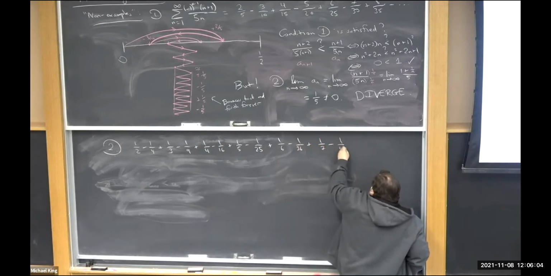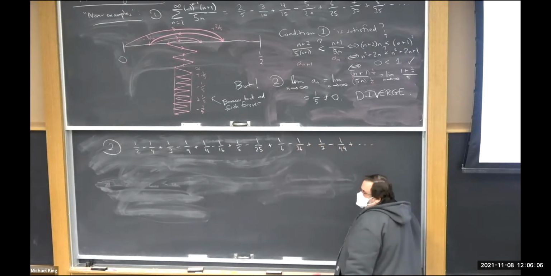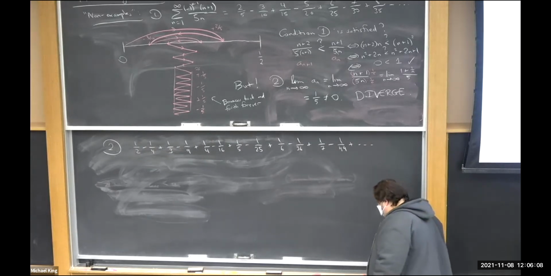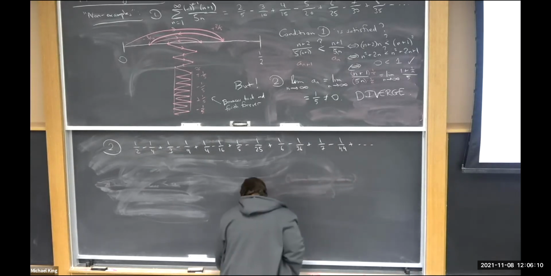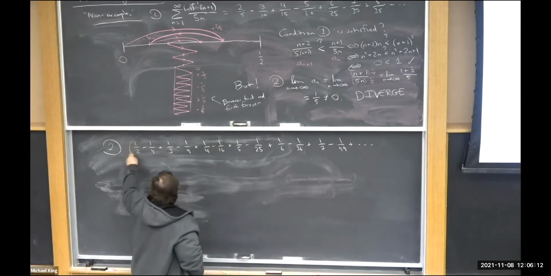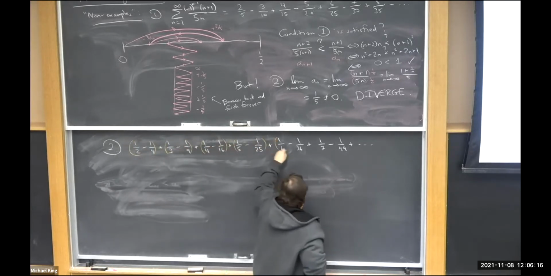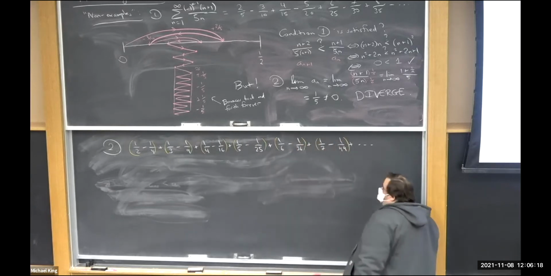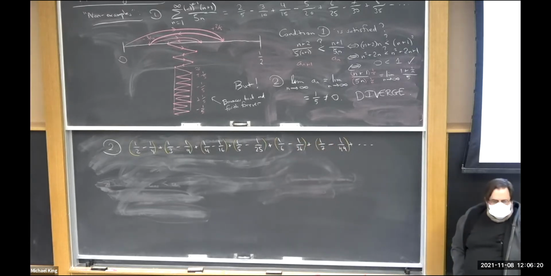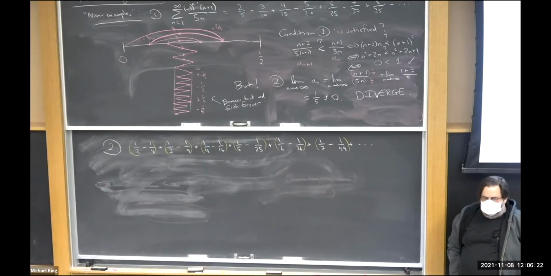You see, I'm kind of doing these in pairs, right? It's a little bit hard to parse this unless you think about them coming in pairs. So do you see what I'm doing each time? I'm doing just 1 over n minus 1 over n squared.